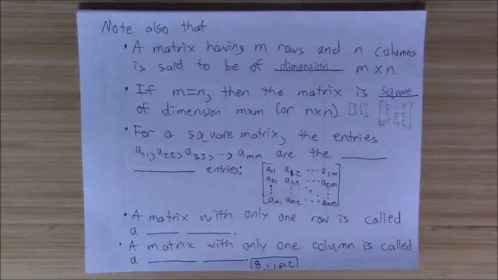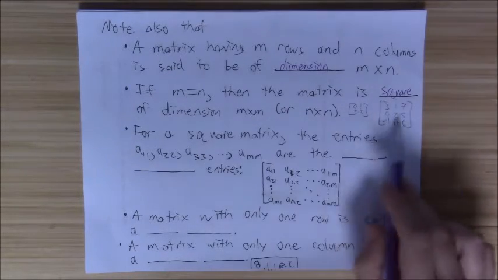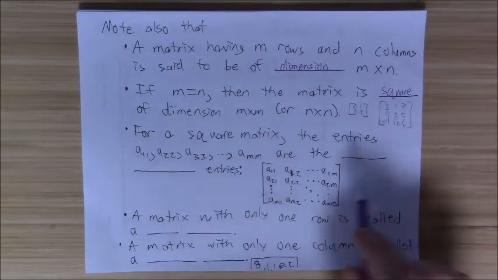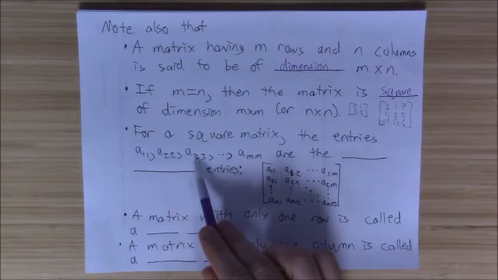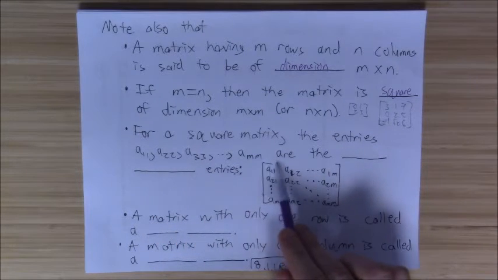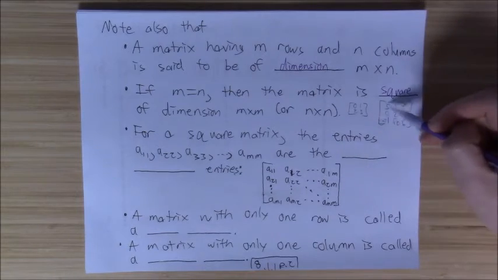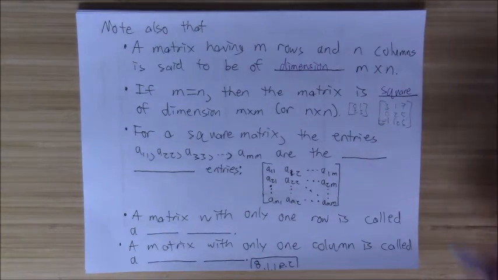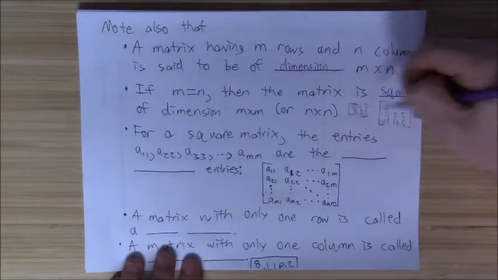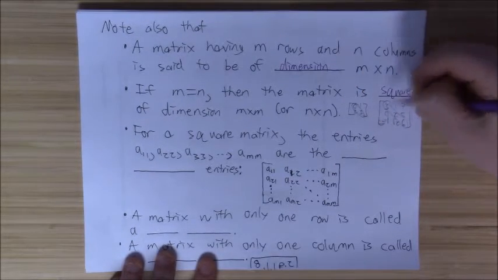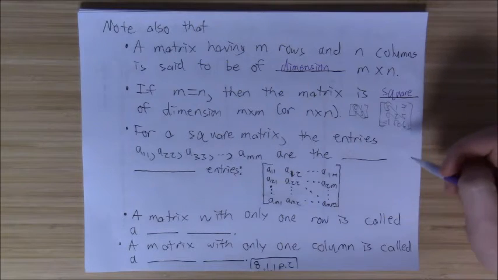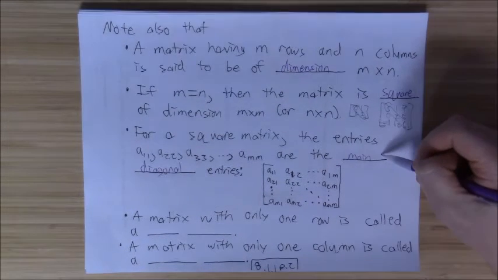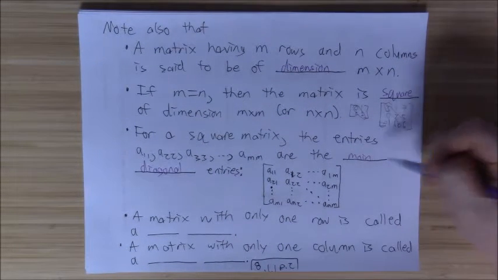Now, also for a square matrix, the entries A11, A22, A33, all the way up through Amm, so for instance, this entry, this entry, this entry, are on a diagonal. What we call these are the main diagonal entries.